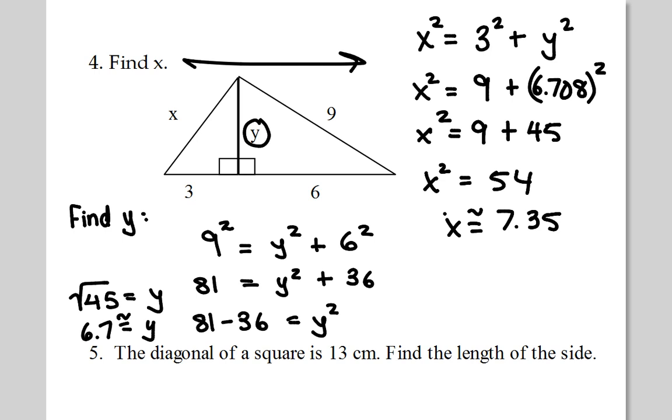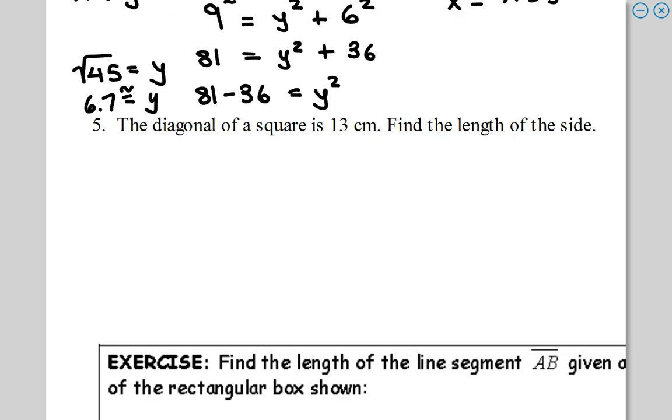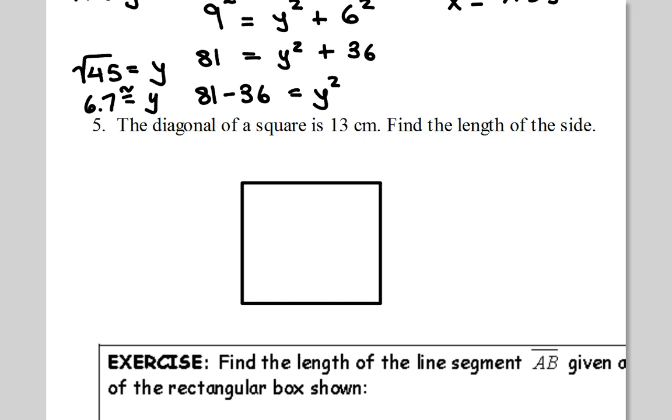Now the next one is about a square, but they gave you the diagonal. So there's a square. There's the diagonal, and it tells you the diagonal is worth 13. So this is diagonal.